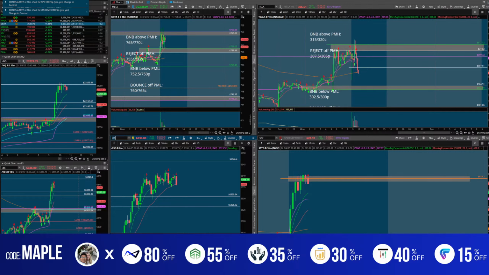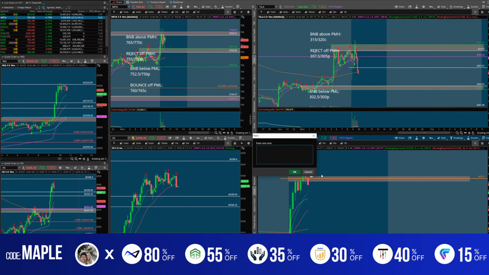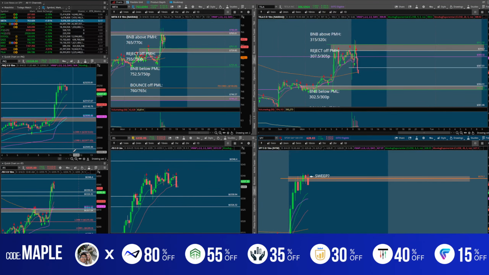See, here's the pressure. It looks like a potential sweep. Two-minute 20 ES. If they close it beneath the orb high, then I think it's a sweep. NQ has played that thesis out to a T.